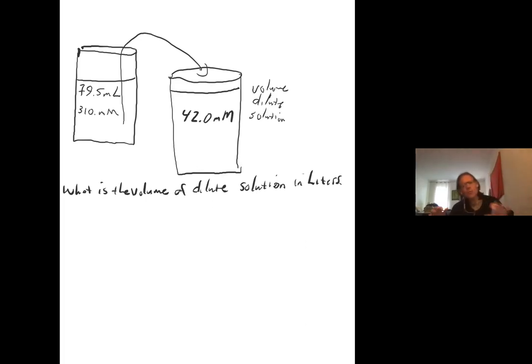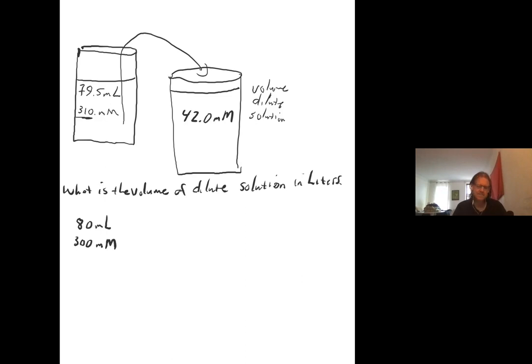Okay. So one way to think about this is in terms of proportionalities. So if you think about it, this is 310 millimolar, right? Let's just look at this like really rough estimates. I could claim that this is about 80 milliliters, that's pretty close to 80, and the concentration is about 300 millimolar.